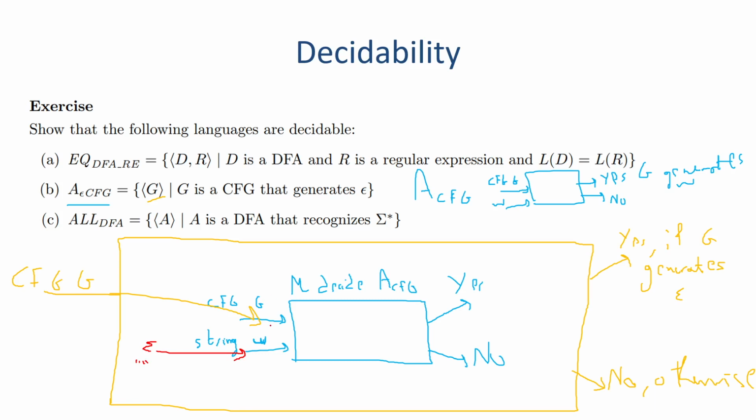So now what's happening? You're given some CFG G. You plug it in, and then you also plug in epsilon.